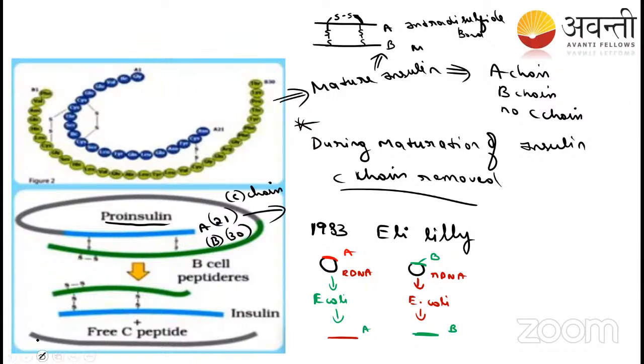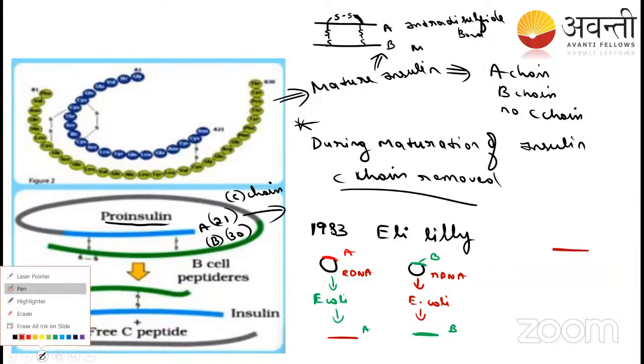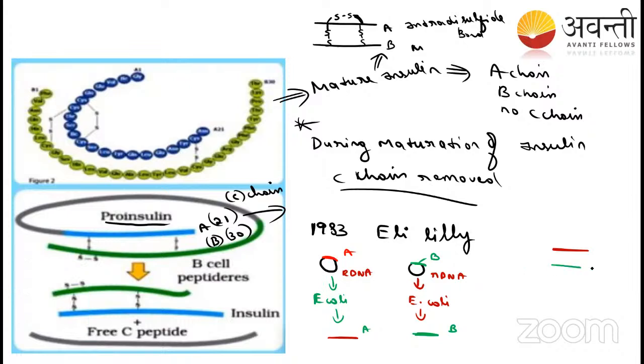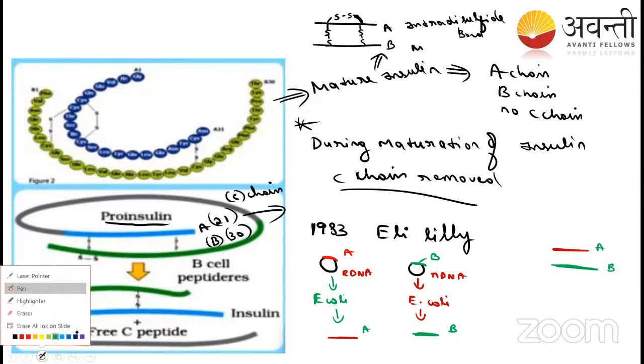Now see here, they have separated the A peptide and taken the B peptide separately. So this is the A peptide, and this is the B peptide, and they have inserted the disulfide bond separately.